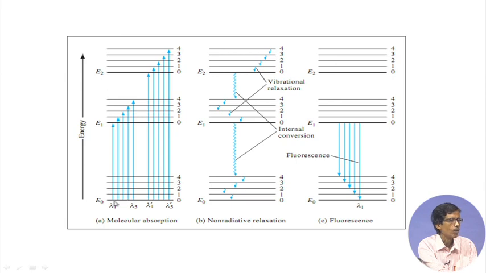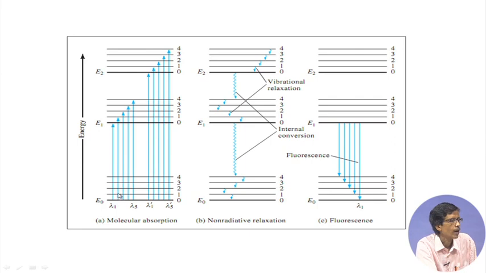Basically, one is lambda 1, another is lambda 2, another is lambda 3. These are nothing but the movement of the corresponding species from the V0 state of E0, this 0 on the right hand side is the V0, the lowest vibrational quantum level, then the first excited vibrational quantum level, then the second, third and fourth excited levels.